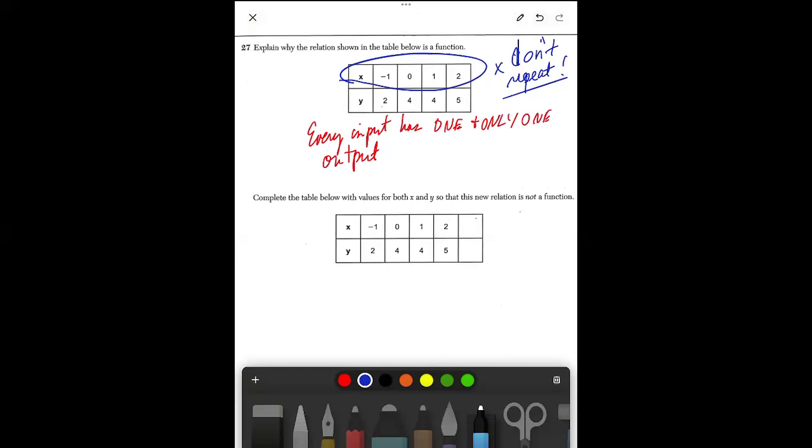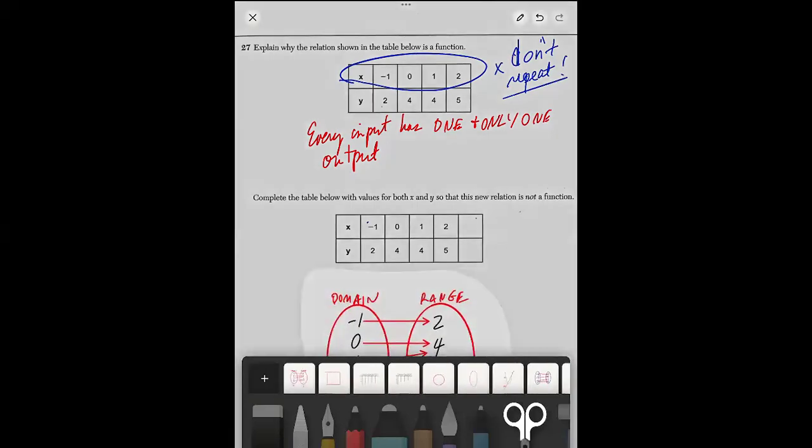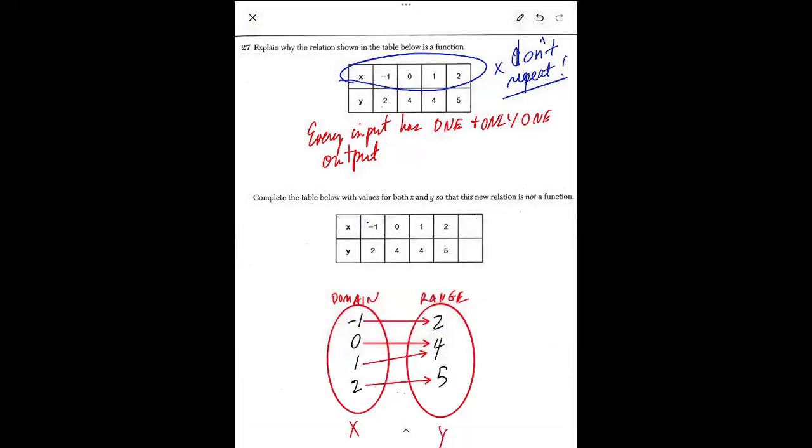So I've already done a mapping diagram. I'm going to take the table up there and create a mapping diagram. Every one of the inputs from the domain is mapped over to an output from the range. Notice, you never put a number twice in either the domain or the range bubble. No matter how many times you see a number, you only put it once.